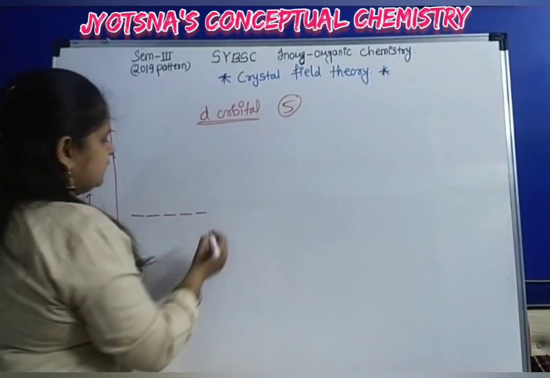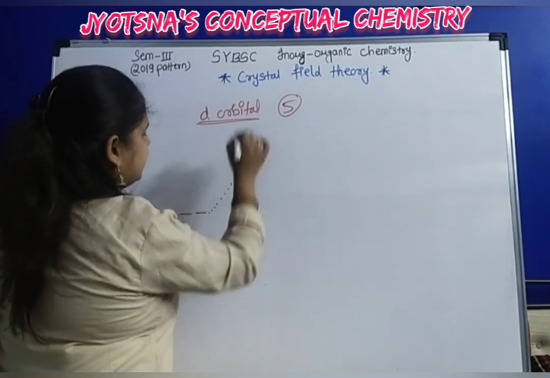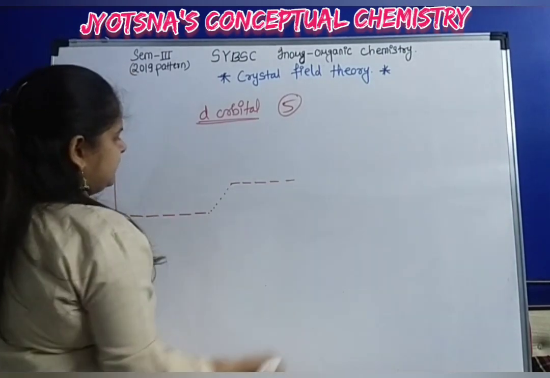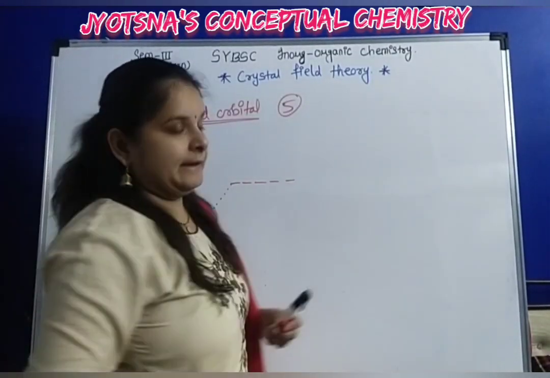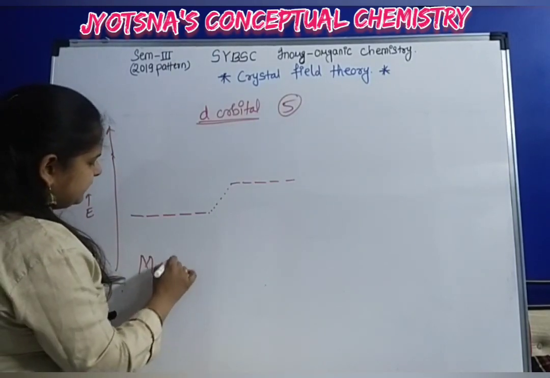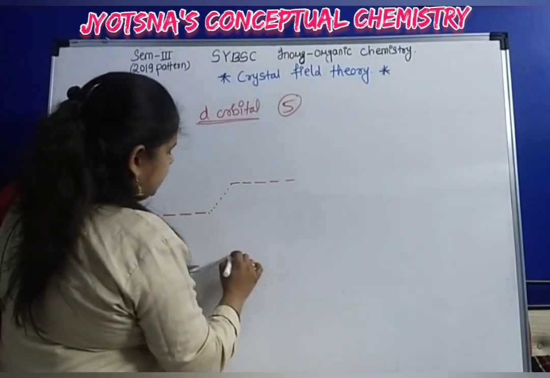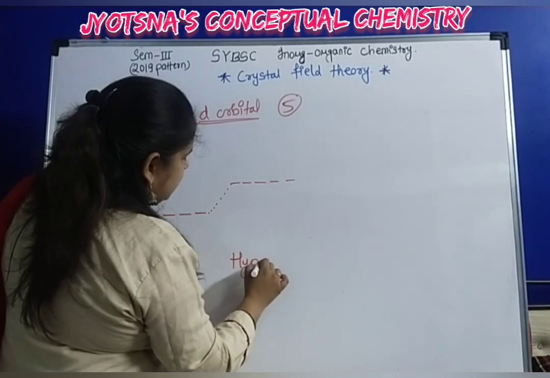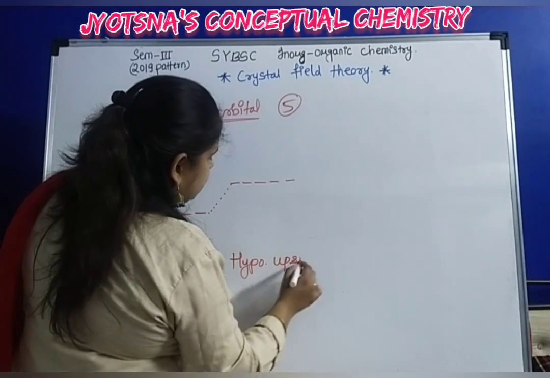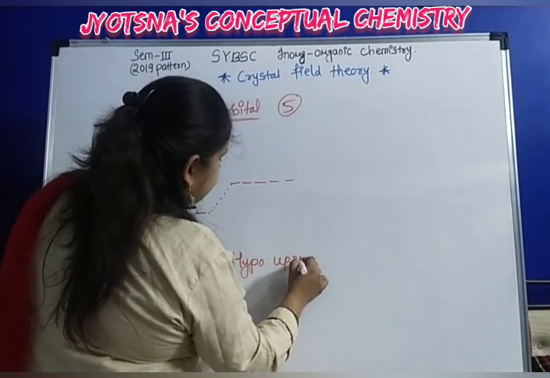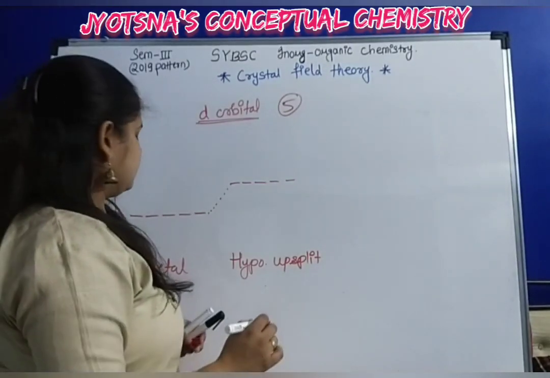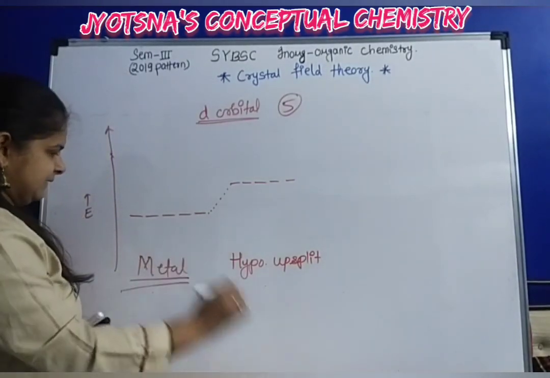When there is a hypothetical state, the energy increases somewhat. This is the hypothetical unsplit state, where only the metal is there.